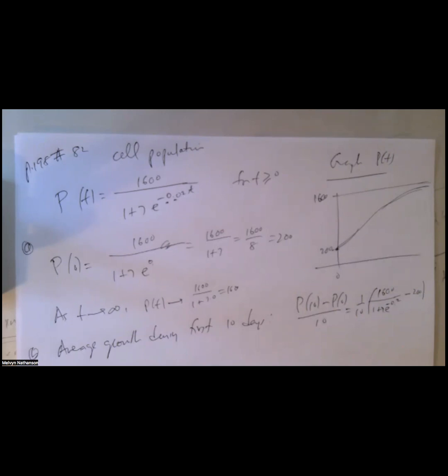Well, for that, you need a computer or a calculator. So I will take out my calculator and try to calculate this. So I have 1,600 divided by 1 plus 7 times e to the power minus 0.2.